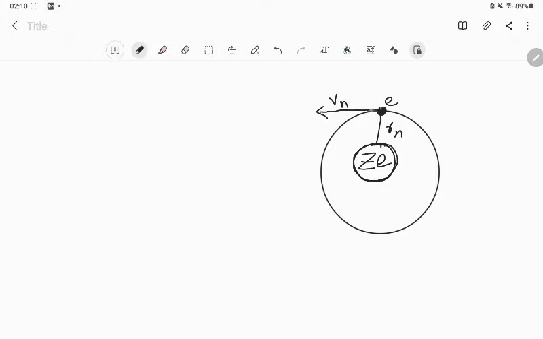Since there is only one electron, so 1 e, so 1 e is e. And then let's say its energy is En. So we have to find the energy. And the mass of the electron is, let's say, m.